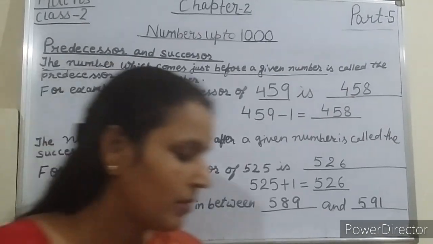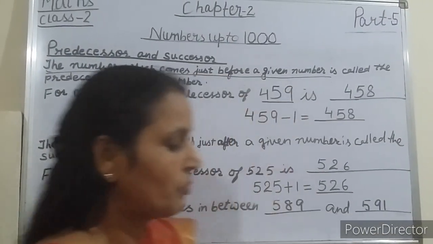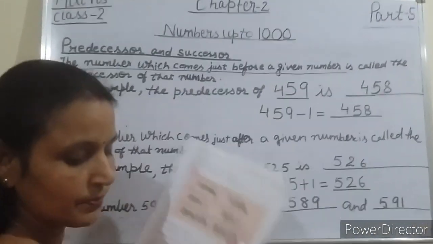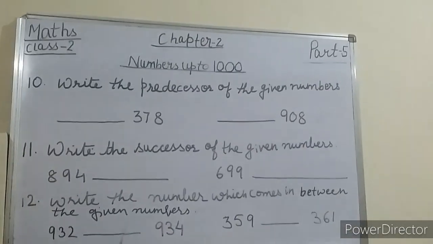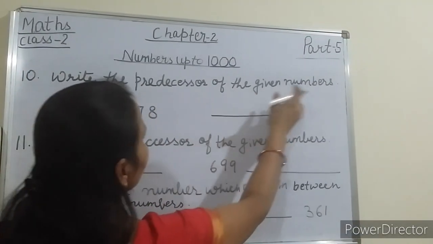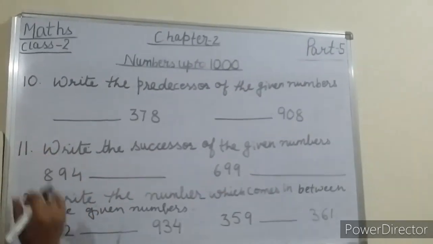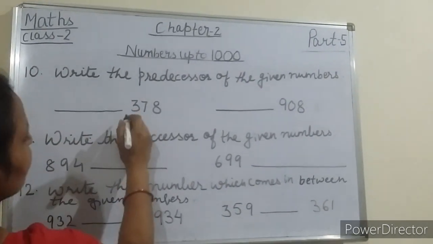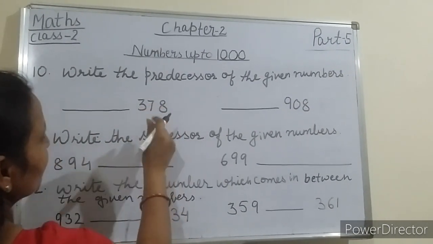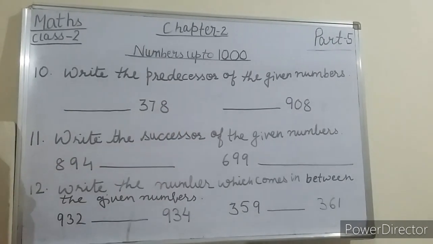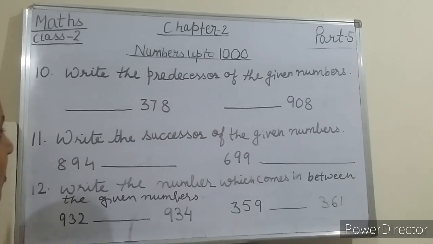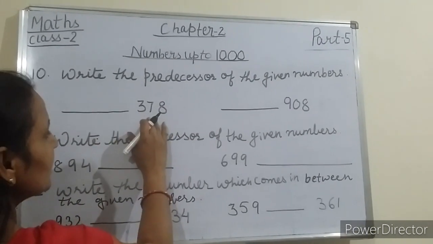So students, I am giving you some questions from your book. Students, write the predecessor of the given numbers, and this is question number 10. See, 378. What will be the predecessor of 378? What do you have to do here to find the predecessor?